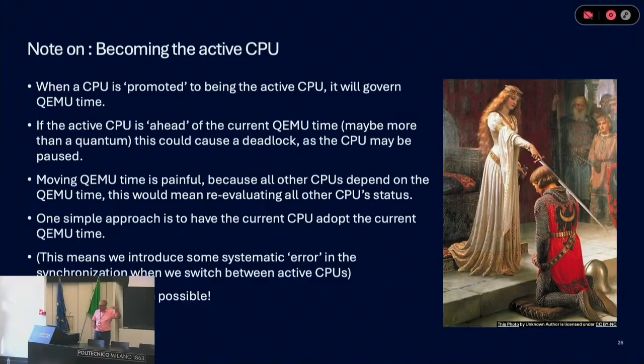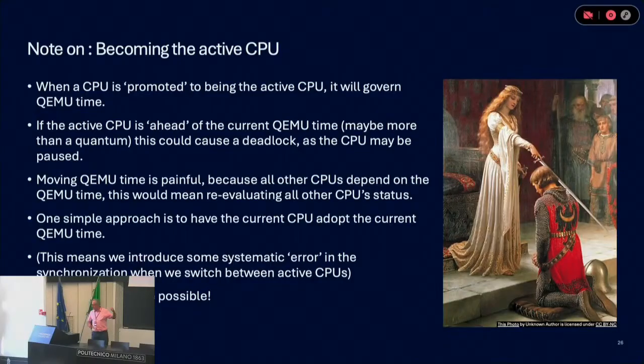Anyway, so moving QEMU time forwards, that's kind of an okay thing. Moving QEMU time backwards, that's kind of not an okay thing. It tends to have bad consequences, and users tend to go, what's going on here? So ideally, we try to keep time moving forwards. We also try to keep time moving forwards for all of the individual CPUs.